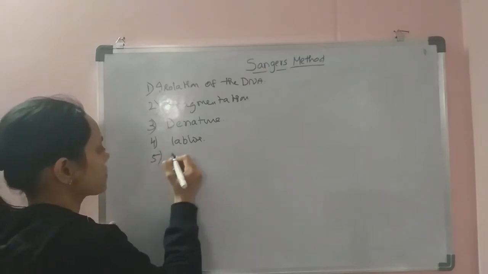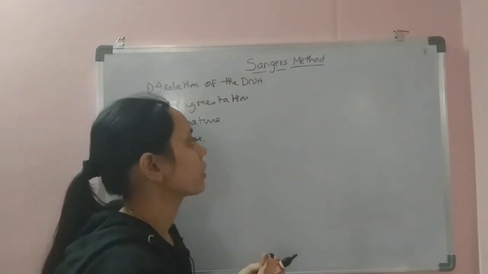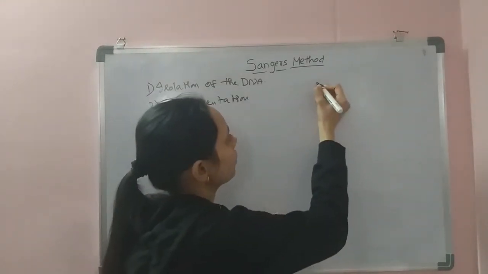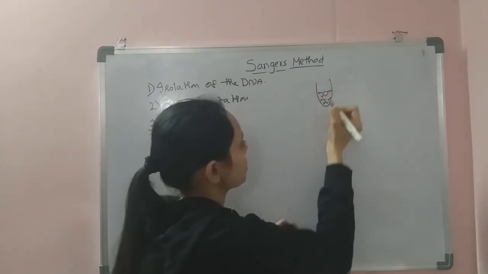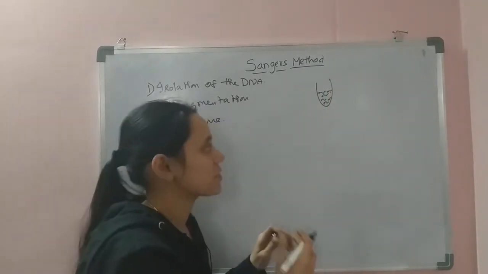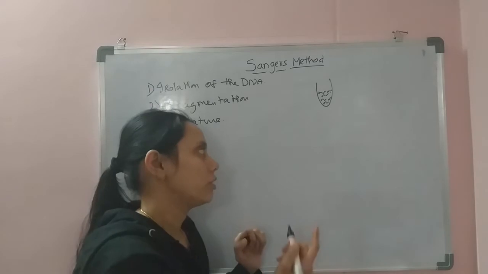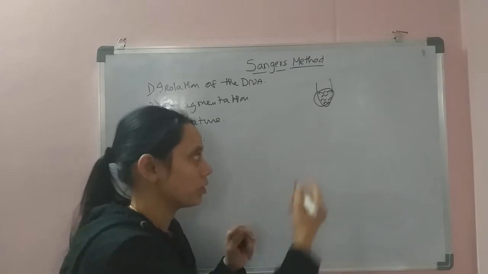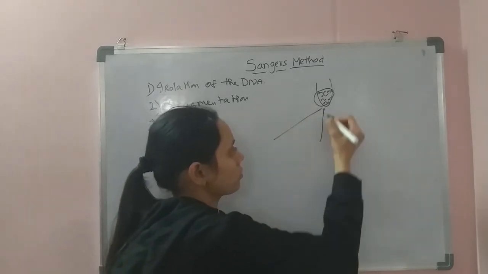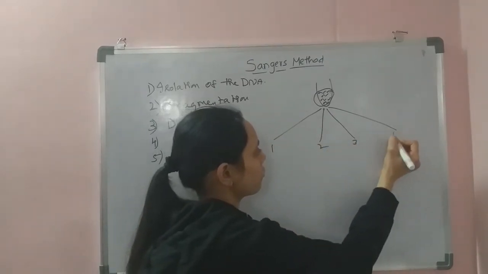The next step is PCR amplification. Here, all these labeled, single-stranded DNA fragments which are going to be sequenced are separated, and the reaction mixture is partitioned into 4 reaction tubes: 1, 2, 3 and 4.